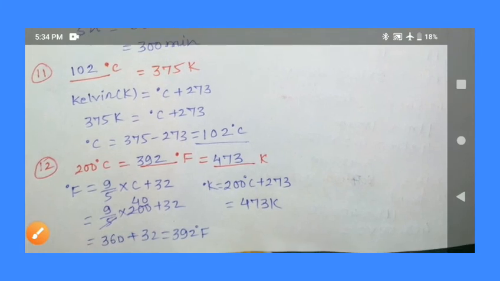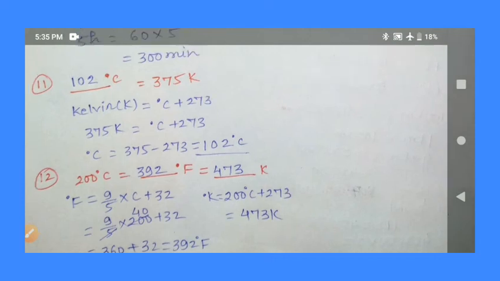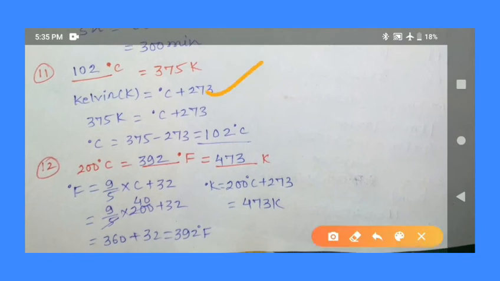Next, question number 11, sorry. Dash degree Celsius is equal to 375 Kelvin. We have to convert 375 Kelvin in degree Celsius. So by using this formula, we can convert: Kelvin is equal to degree Celsius plus 273.